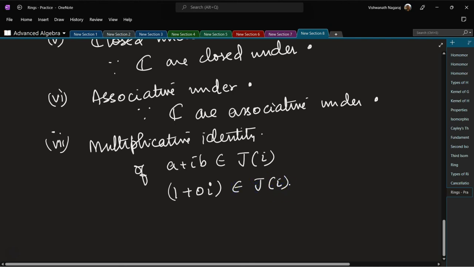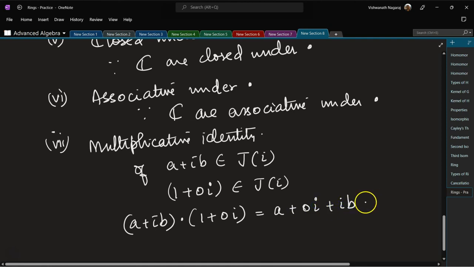So just to prove it, if we multiply a number a plus ib with its multiplicative identity, we should get back the original number. So a times 1 is a plus 0i plus ib plus i squared 0. So this becomes a plus ib. So we get back the original number.